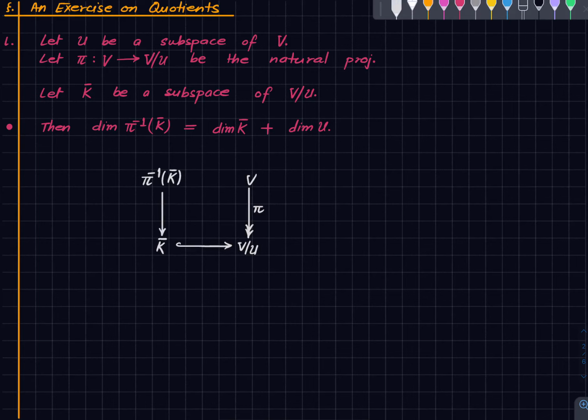And now since pi is surjective, this restriction is also surjective, but surjective under which map? It's the restriction of pi to this particular subspace of V. So note that this is a subspace of V, and we can draw this arrow to make the diagram commute.